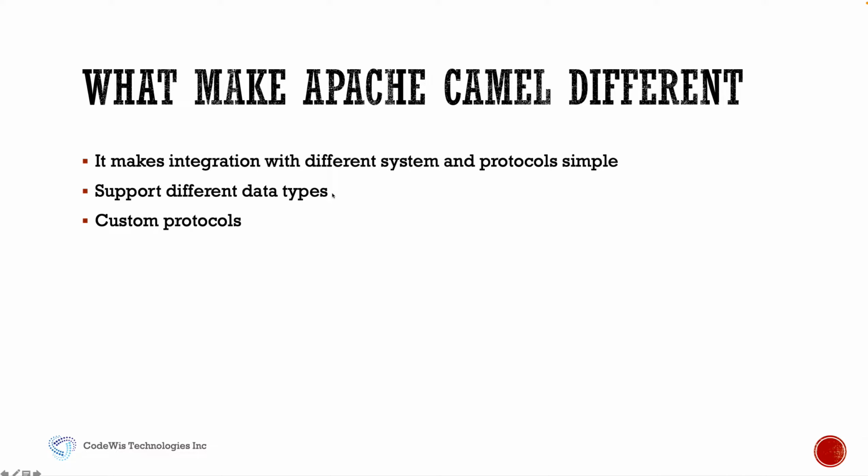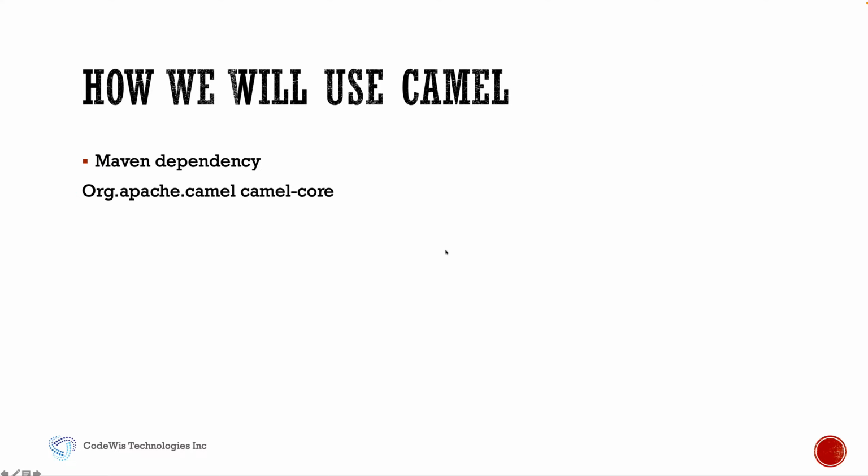You can make that very easy using Apache Camel. It supports different data types, and you can also define custom protocols, like HTTP protocols. I mean, you can define your own protocols. So that's also possible.